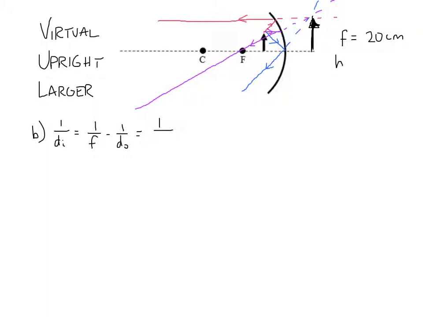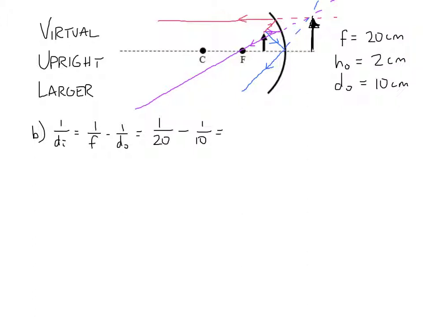The object has a height of 2 centimeters, and the object is placed 10 centimeters from the mirror, which is half of the focal length. And it looks like that in the diagram, that the object is halfway between the focal point and the mirror. So plugging these numbers in, we have 1 over 20 minus 1 over 10.